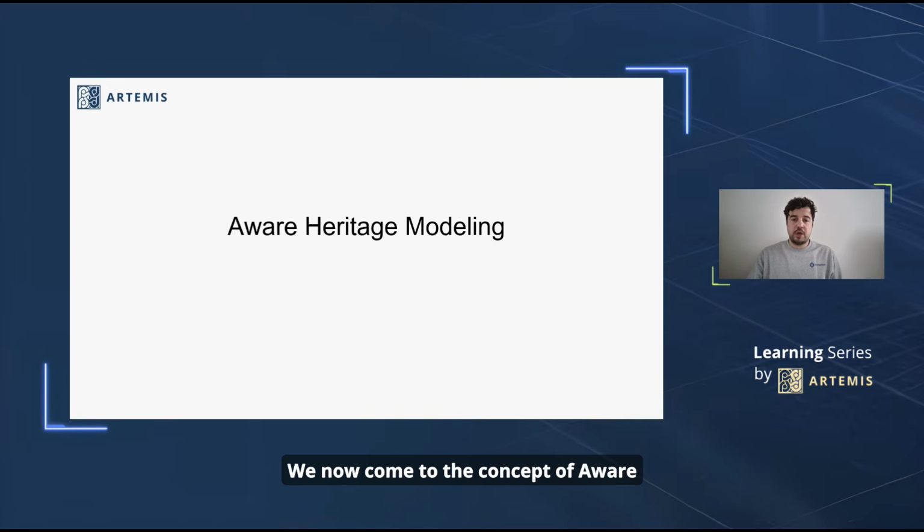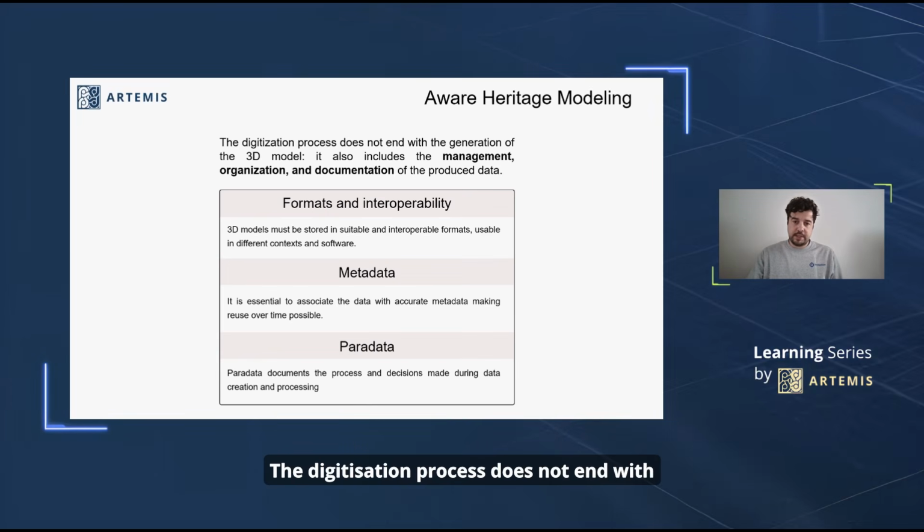We now come to the concept of aware heritage modeling. The digitization process does not end with the generation of a 3D model. After acquisition and processing, it's necessary to manage, organize, and document the data produced. This means choosing suitable and interoperable formats, associating accurate metadata, and also documenting paradata. Formats are important because they determine whether a model can be reused in different software or contexts.